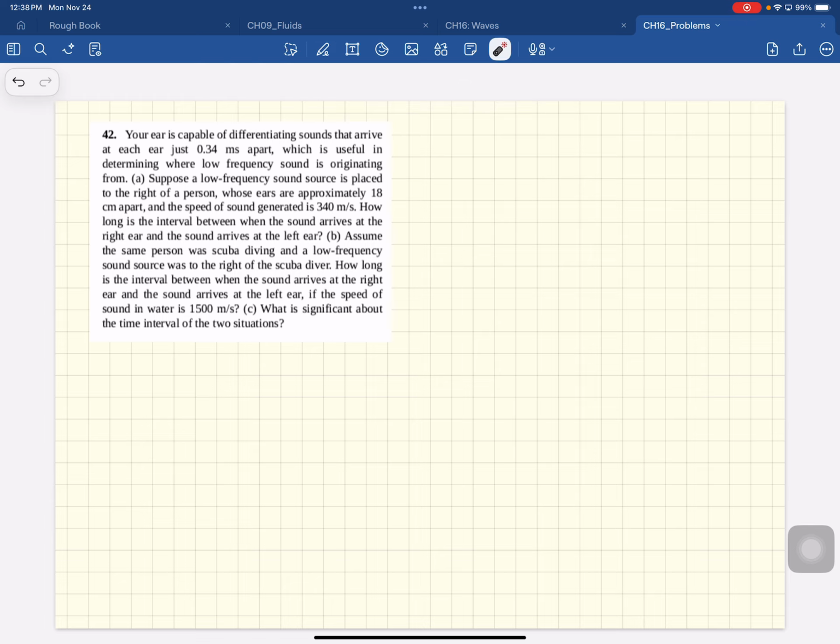Okay, this problem says your ear is capable of differentiating sounds that arrive at each ear only 0.34 milliseconds apart.